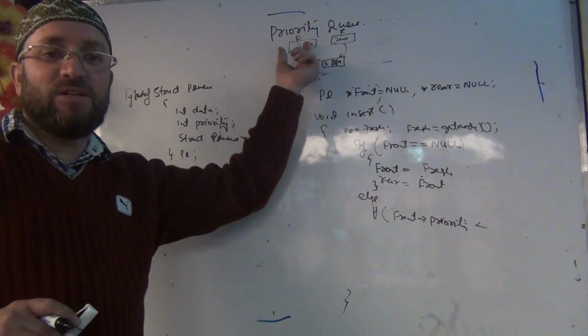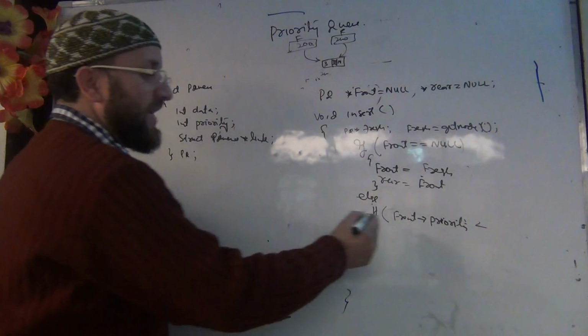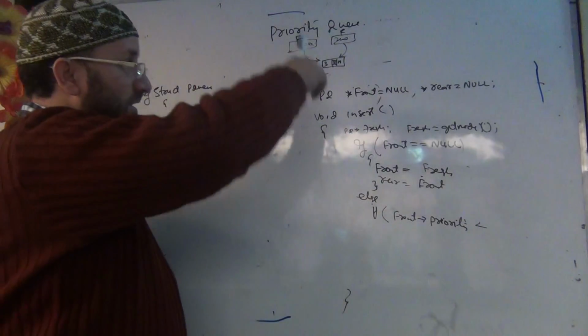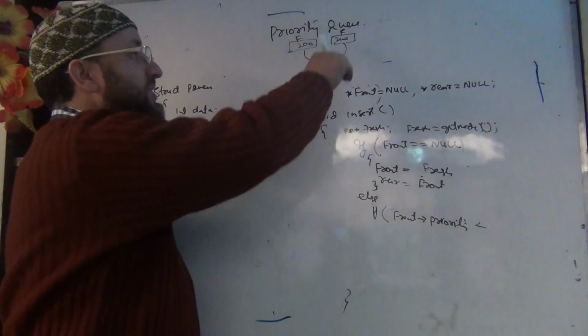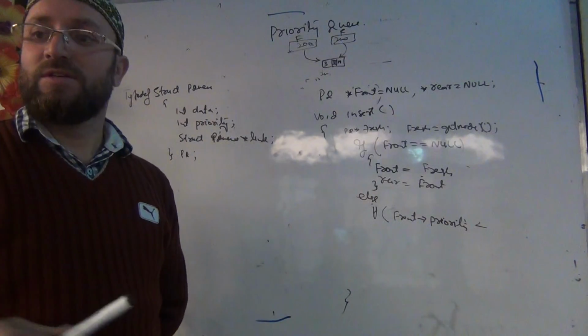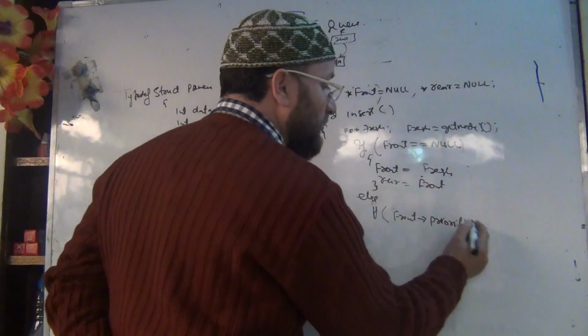So this time I'm interested in this way. You getting me? So if front arrow priority, don't write the rear arrow priority. This time it is the same, but not afterwards.